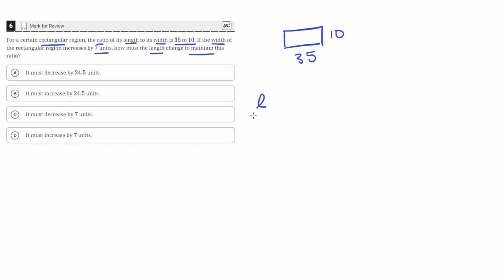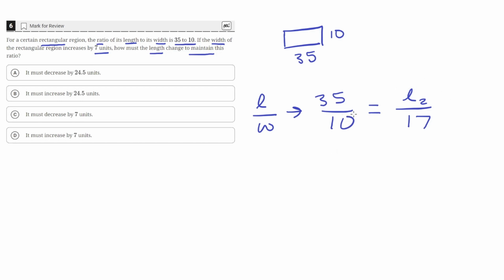And we can express this ratio as length over width. So 35 over 10. And what happens to this ratio is that the width, 10, increases by 7 units. So we get 17 over some new length, length 2.